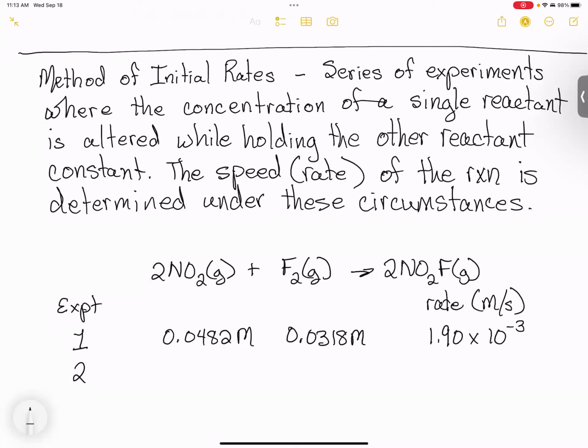Experiment 2, we're going to alter the NO2. And we're going to use 0.0120 molar while holding the F2 constant. Under those circumstances, the rate is 4.69 times 10 to the minus 4.